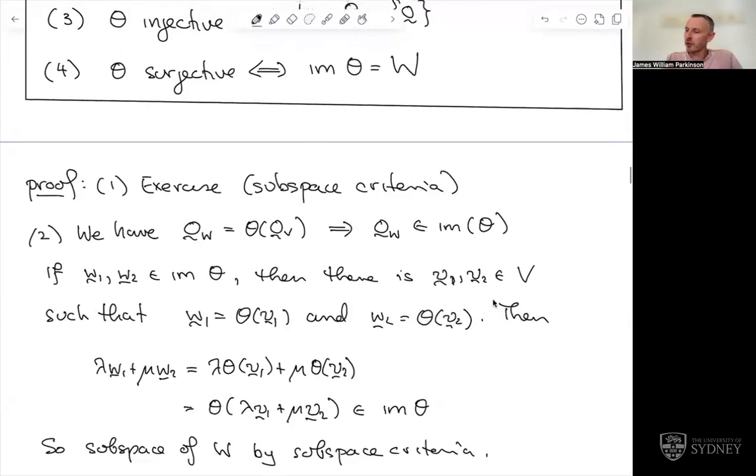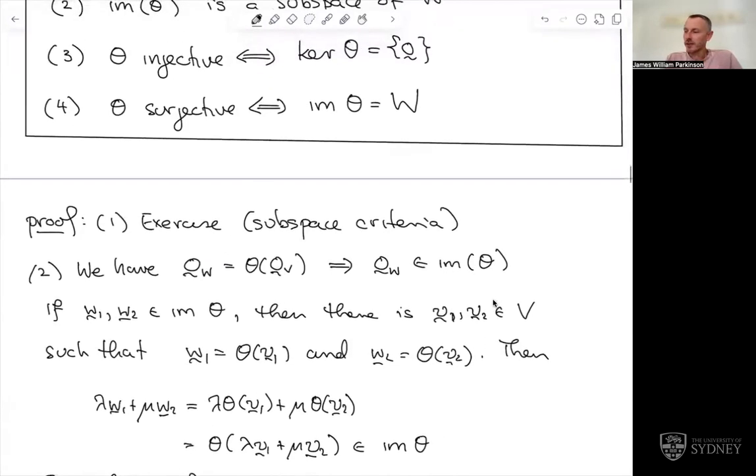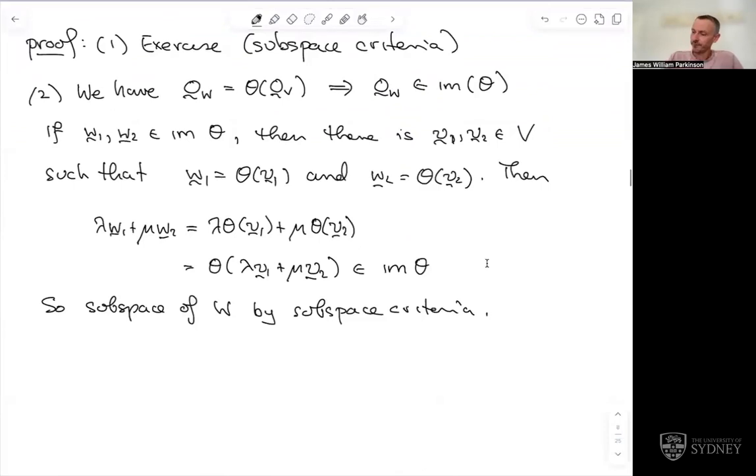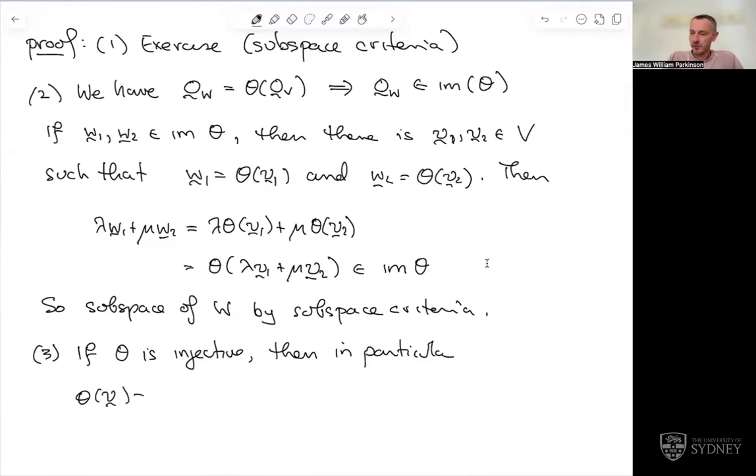The next thing we wanted to prove was that theta is injective if and only if the kernel is trivial. So let's prove that carefully. If theta is injective, then in particular theta of v equals 0, which is also theta of 0, forces v to equal 0.